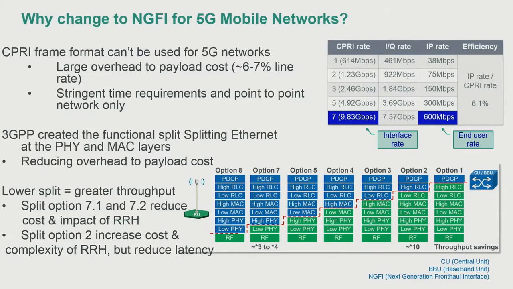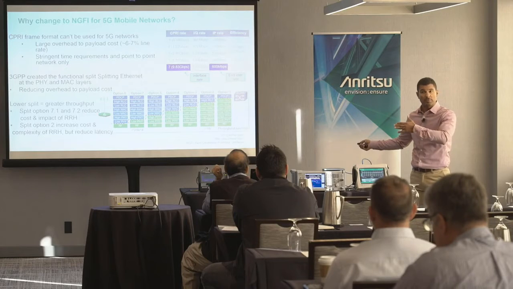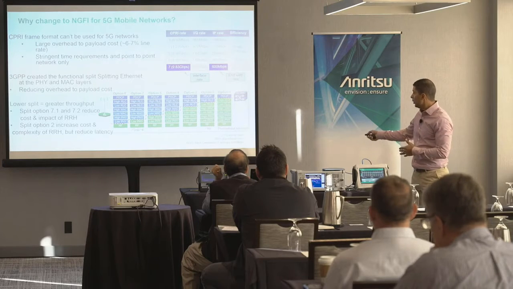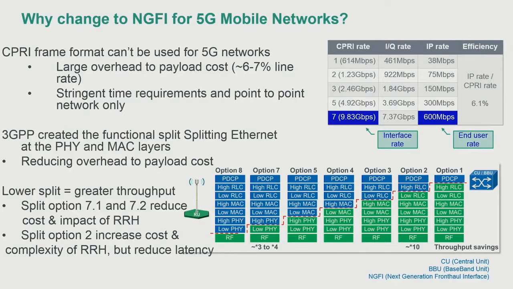So what do I mean by that? You see on the bottom here with these options, the higher the option, the more that's being done at the baseband unit, away from the radio. The lower the option, the more, in green, you'll see that's being done in the radio unit.